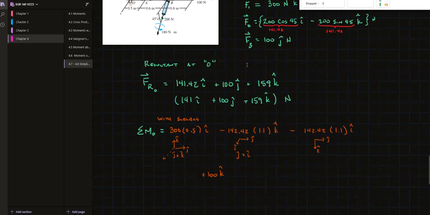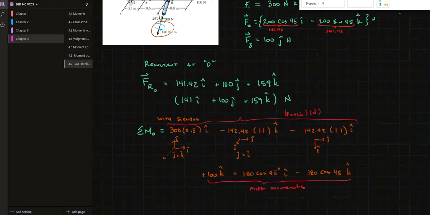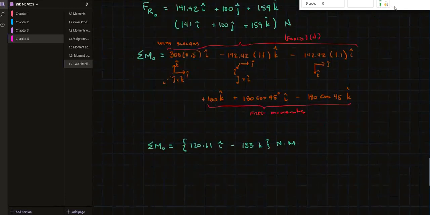Then I have this 180 down here, but it's at a 45 degree angle, and I have to break it up into two components. And there we go. So these are from the forces, and these are from the moments. We add all these together, and this is my result.